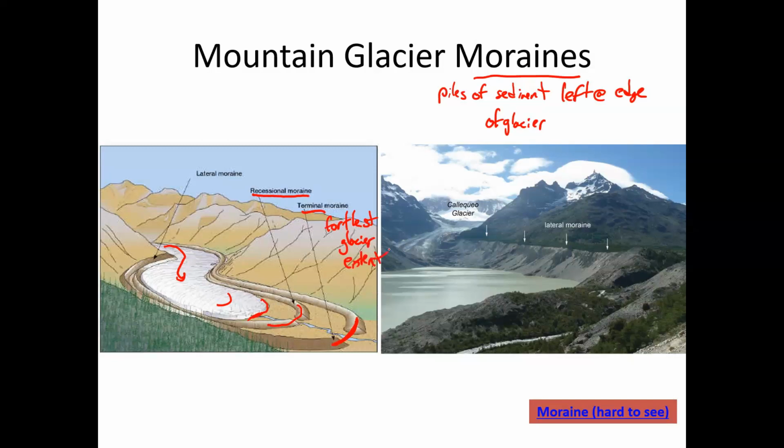It's just a type of recessional moraine. And then these lateral moraines are left along the sides of the glacier. Lateral meaning sides. So in this picture of this U-shaped valley, and this glacier that has receded, it left behind this pile of sediment here, which would be a lateral moraine along its side.